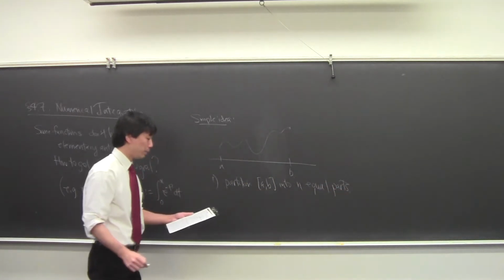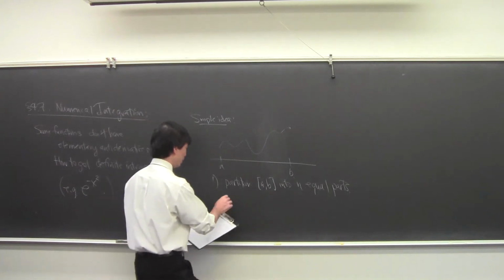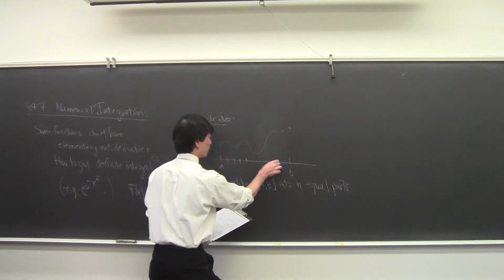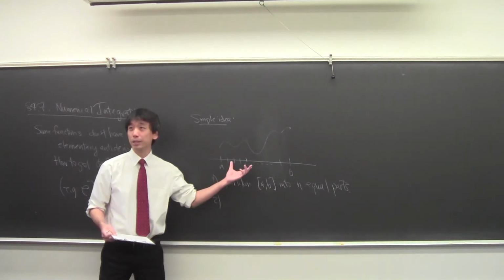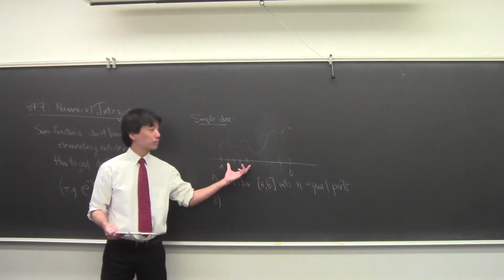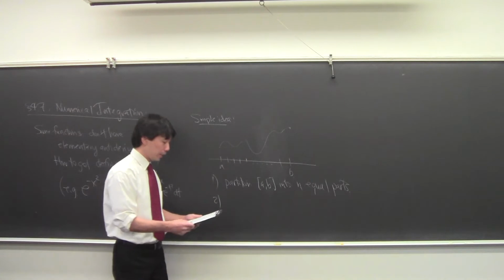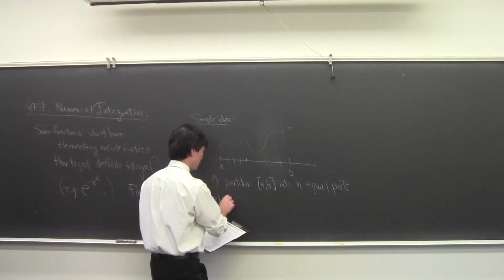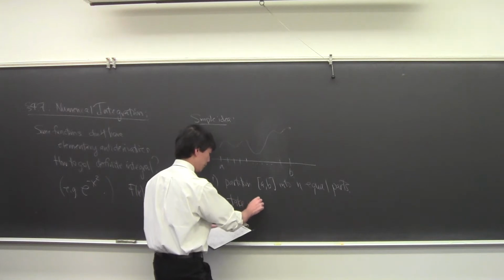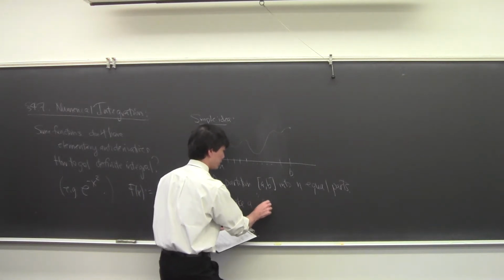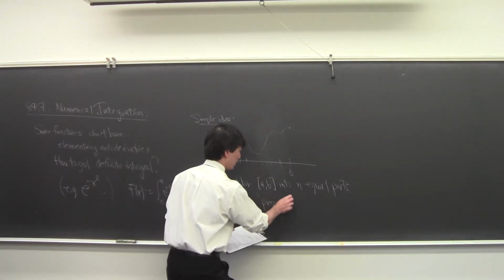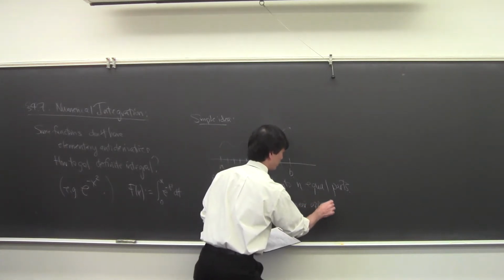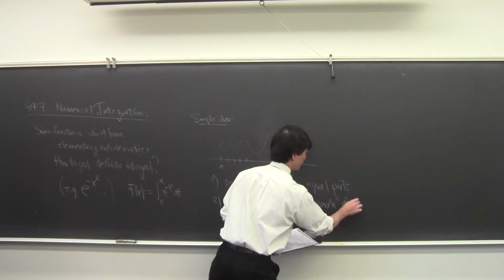Right, partition [a, b] into n equal parts, so you split the interval into n parts. Okay, and then you take what's called a piecewise linear approximation of the function.